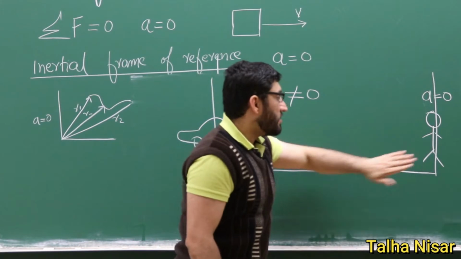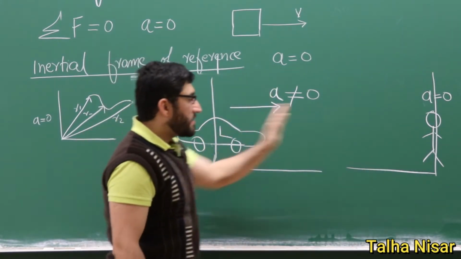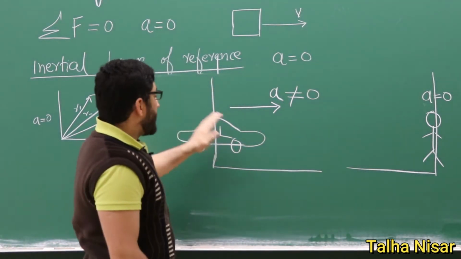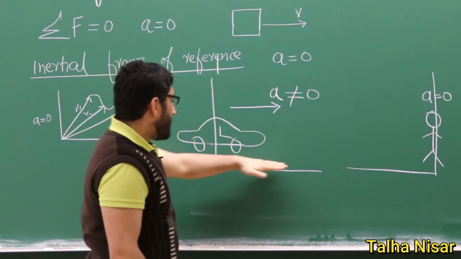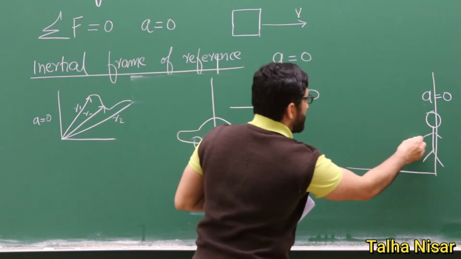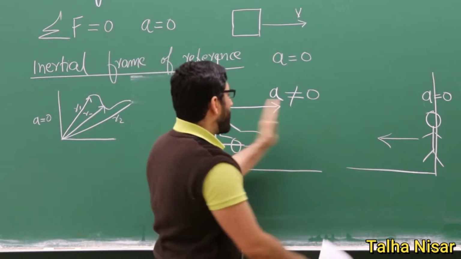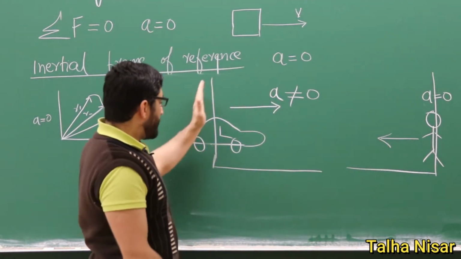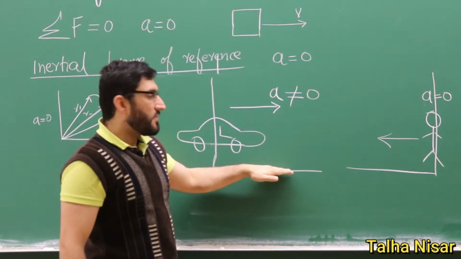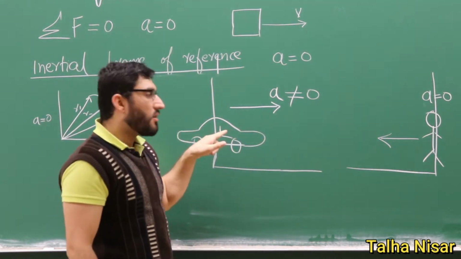If we take this frame of reference, this person is coming towards him. Because if the car is moving, then according to this person, if we consider this as a frame of reference, the person is moving towards the car.